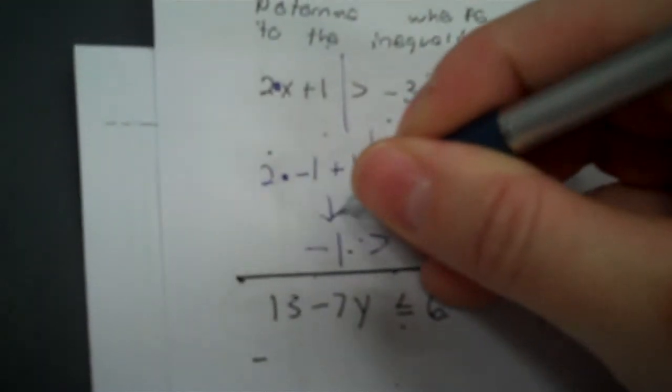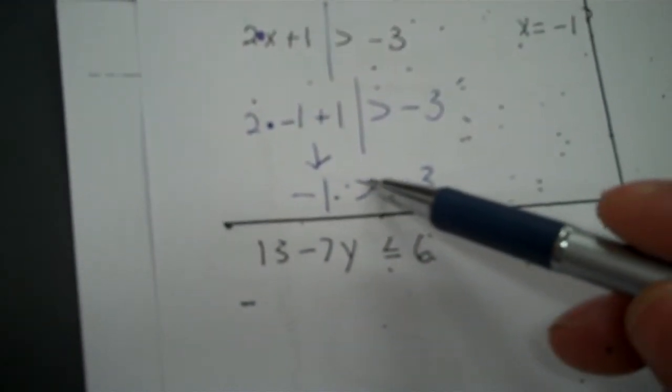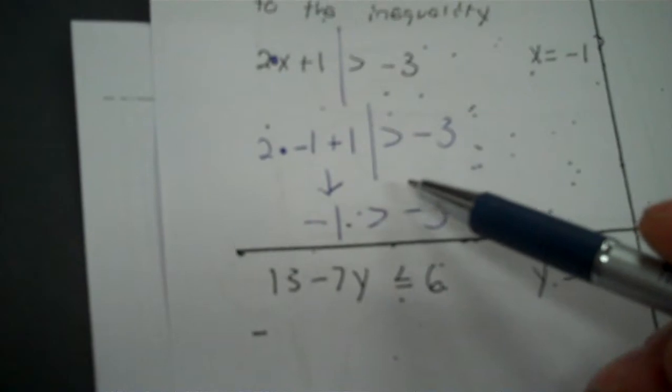Make your wall on the same side and just plug that side into your calculator now that you have all the values. So I go 2 times -1 plus 1. I got -1. Now what's bigger, -1 or -3? -1's bigger, okay? Now remember, instead of thinking of it like a nose, think of it like this is the nose, this is the mouth.